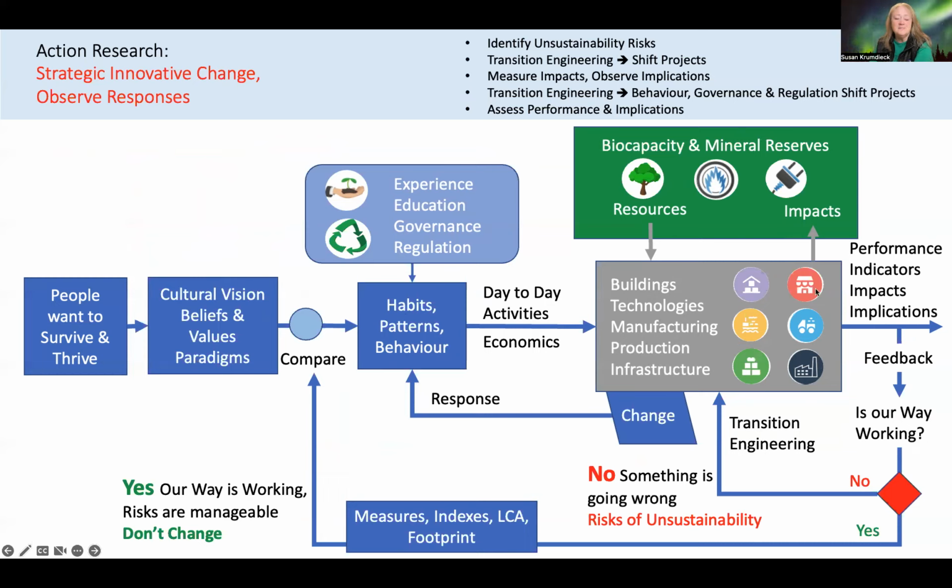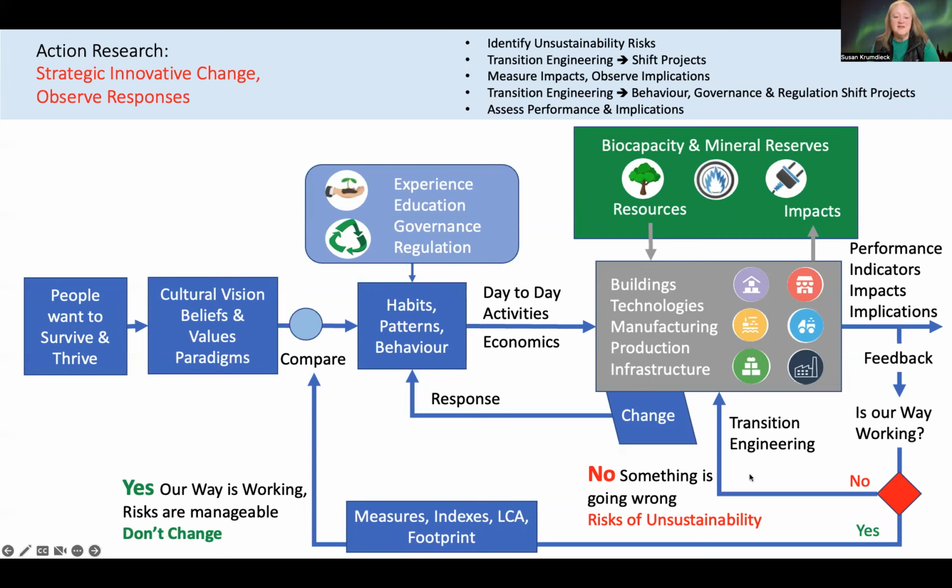So those 6 basic characterizations of the built environment all fit in here. The external resources, the capacity and reserves, the energy, and of course the impacts on that environment all fit in here. And then our experiences, our education, our governance, that's sort of the governance over the behaviors and patterns here.